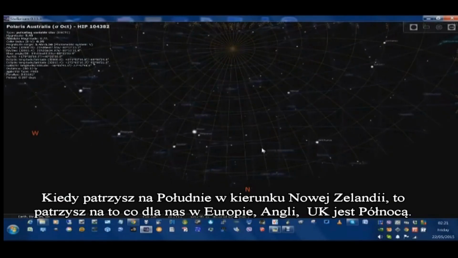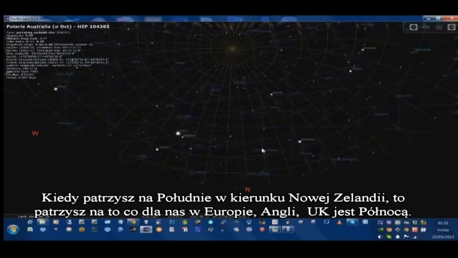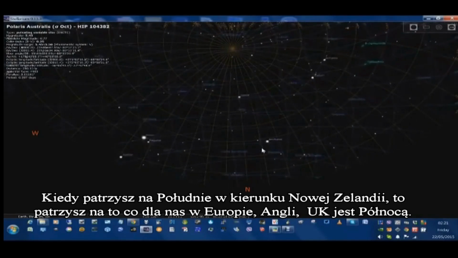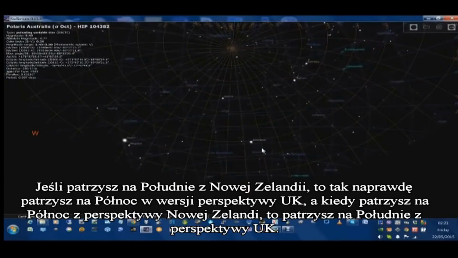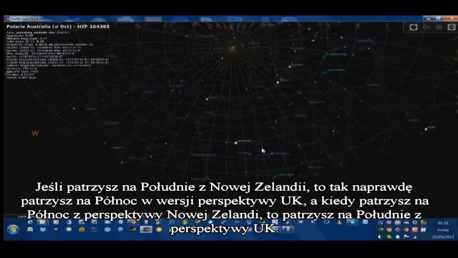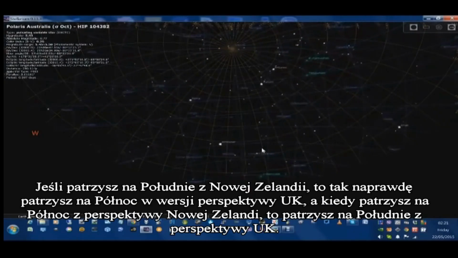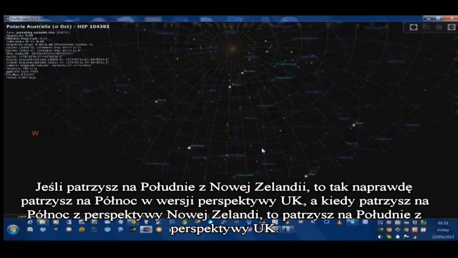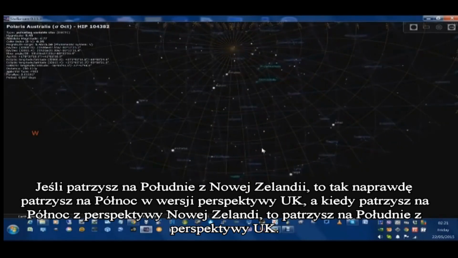When you're looking south in New Zealand, you're looking to what us in Europe, say England, the UK, is north. So if you look south in New Zealand, you're really looking north from a UK person's perspective.